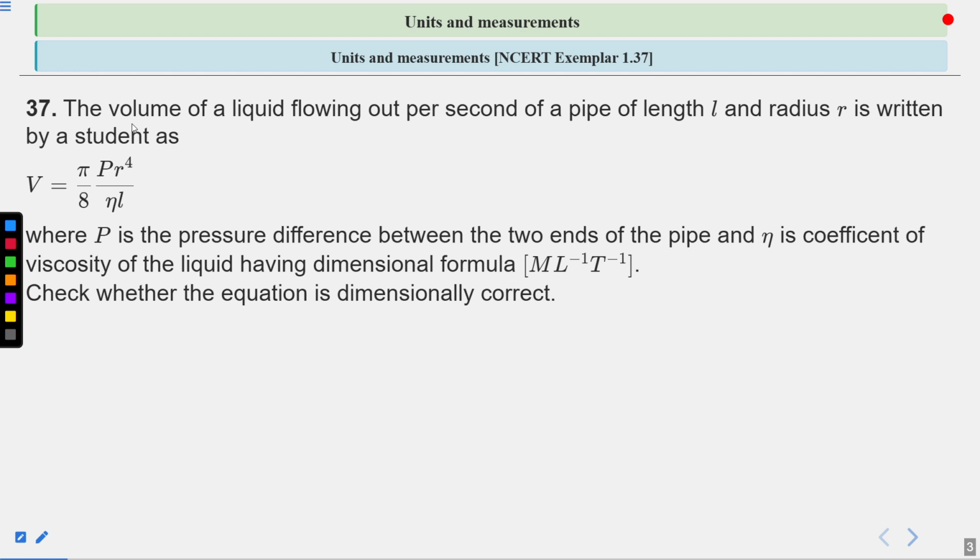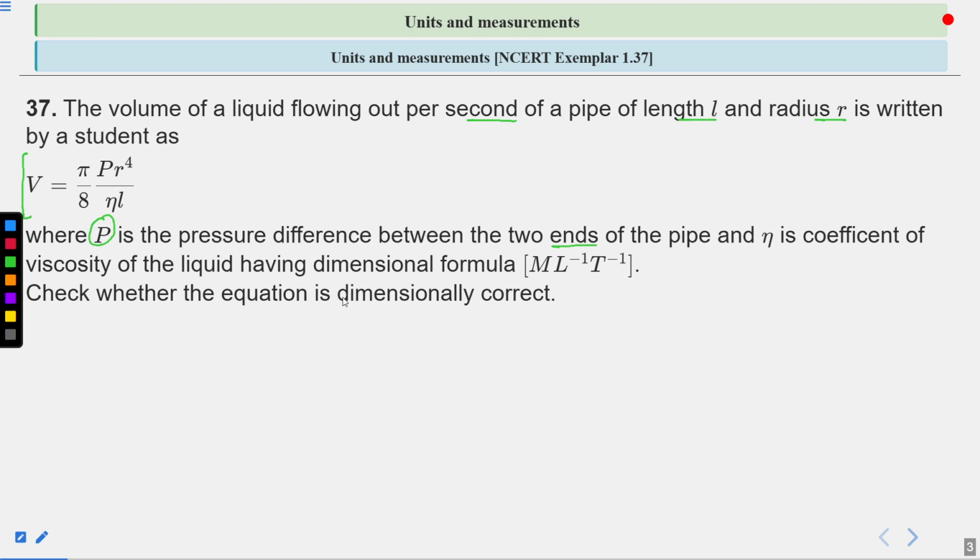So our question is, the volume of a liquid flowing out per second of a pipe of length L and radius R is written by a student as V is equal to pi by 8 into P R raised to the power 4 divided by eta L, where P is the pressure difference between the two ends of the pipe and eta is the coefficient of viscosity of the liquid, having dimensional formula M L inverse T inverse.